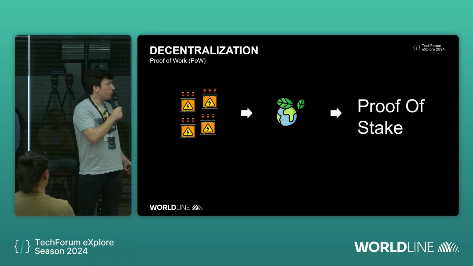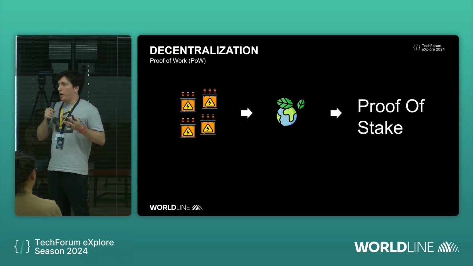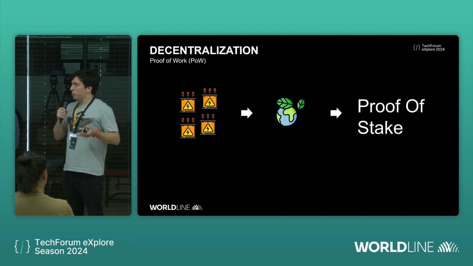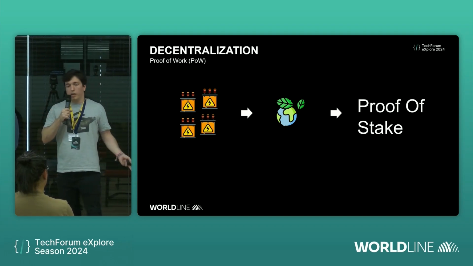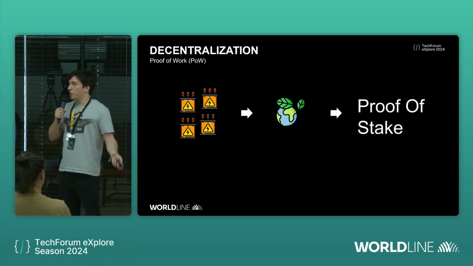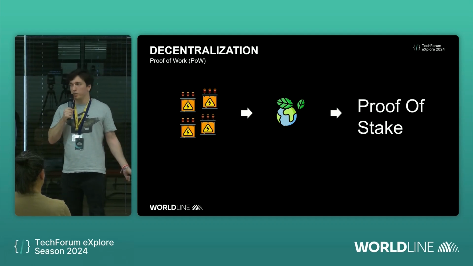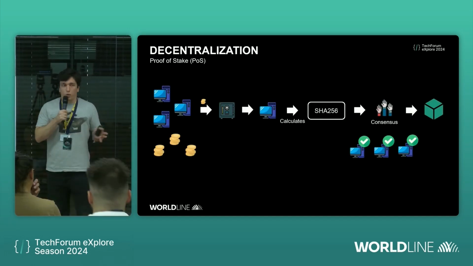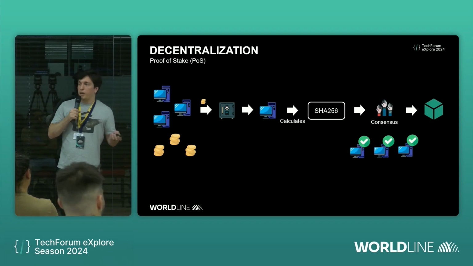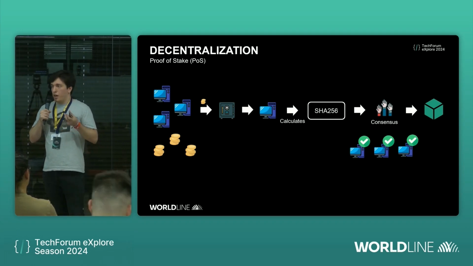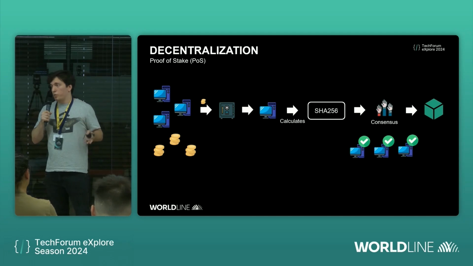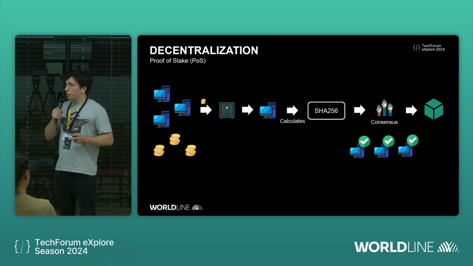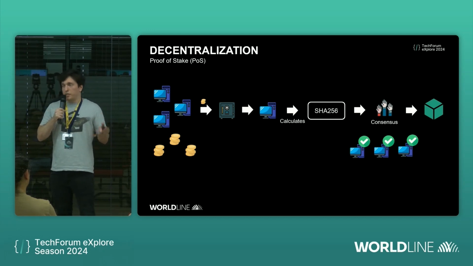But this proves to need a heavy compute load to find this new hash ID. And this proves to be very energy inefficient. So the Ethereum network proposed a new way of working with the proof of stake paradigm. In this case, the node that will compute the hash ID for the new block is pseudo-randomly chosen among all the other nodes in the network based on the stake currency that each node has.